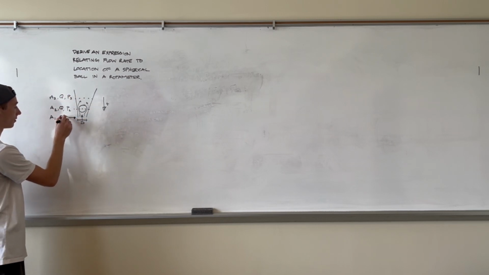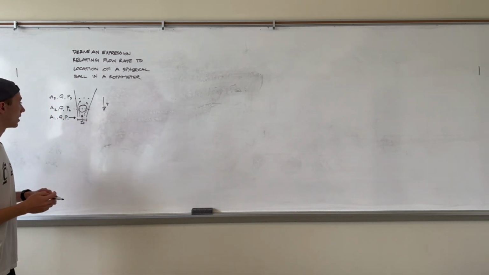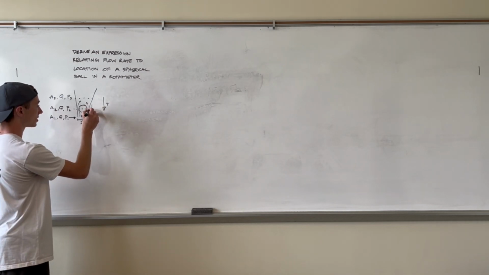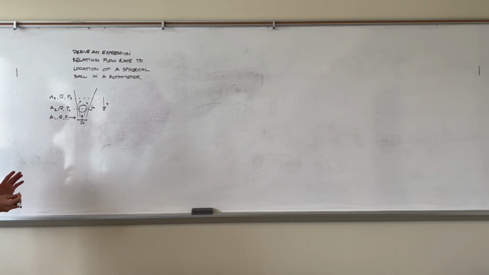Likewise, this will be pressure 1 going into the tube. I did mention this is a conically shaped tube, meaning it has some slope to it. We'll call the slope M, and we'll need that as well. With that, I think we can get started.